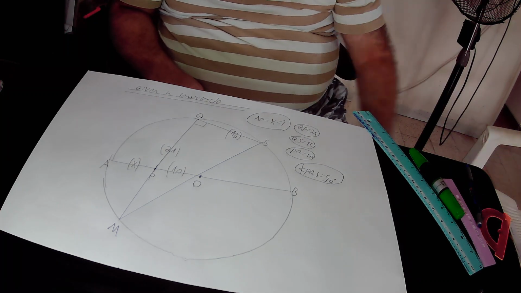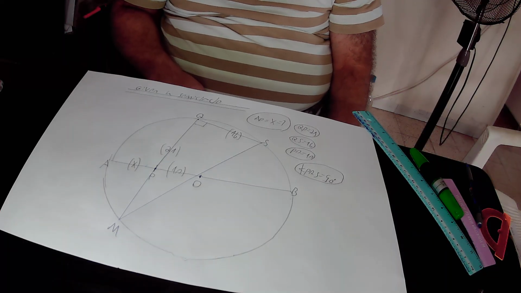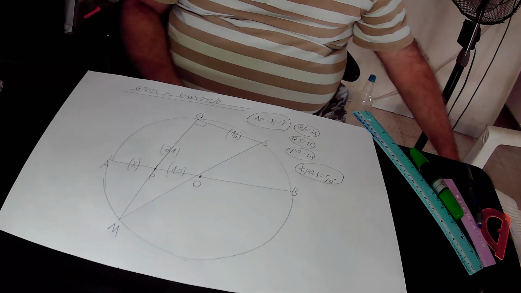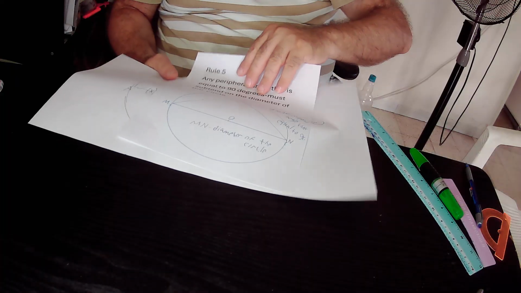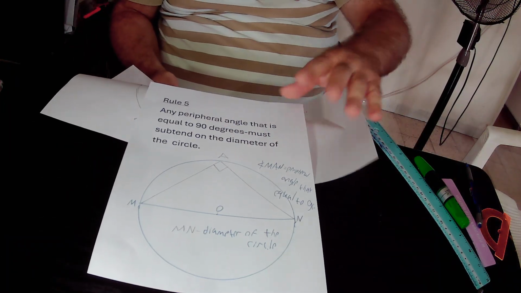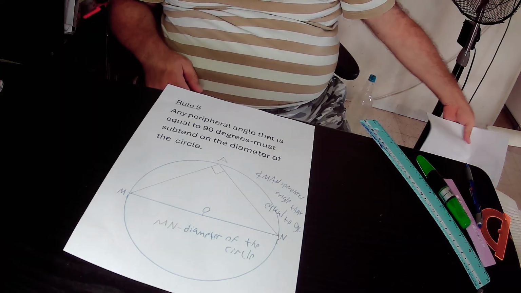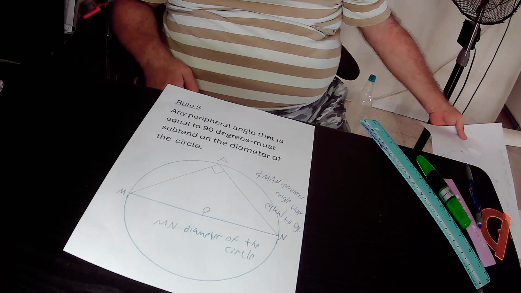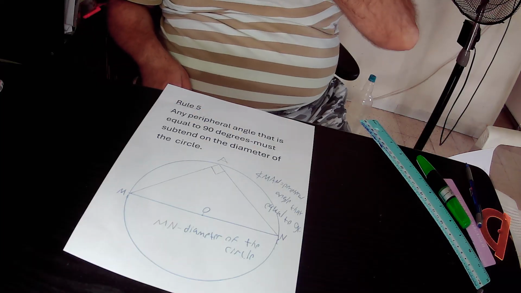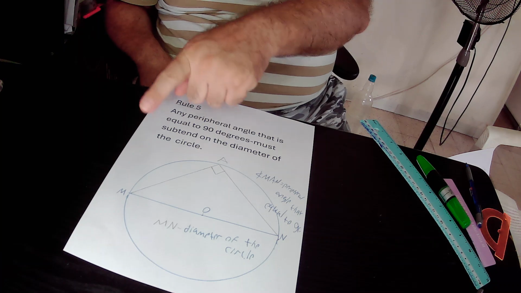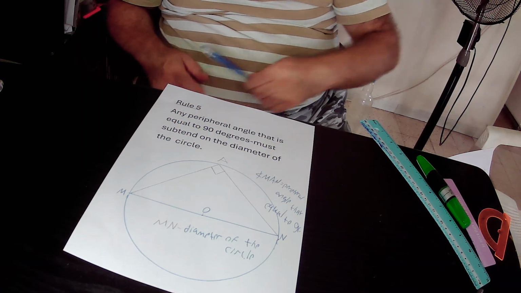And according to rule 5, any peripheral angle that is equal to 90 degrees in size must subtend on the diameter of the circle. In that moment, we have a circle, and we know that MN is the diameter of this circle.